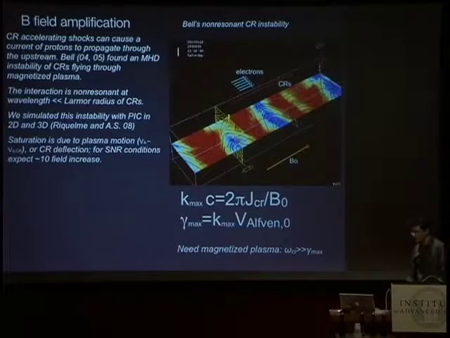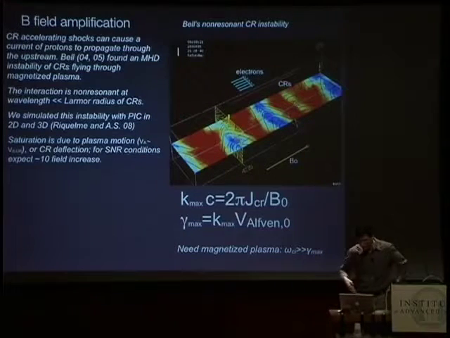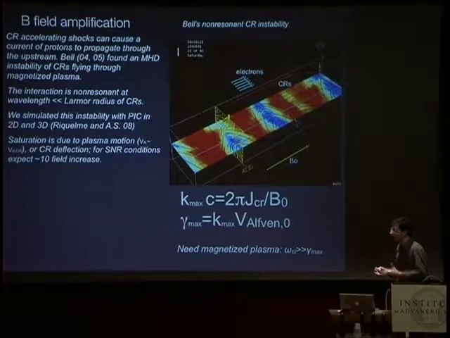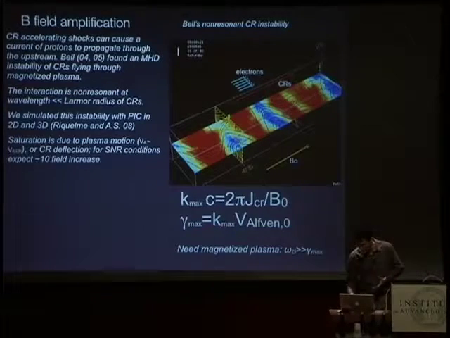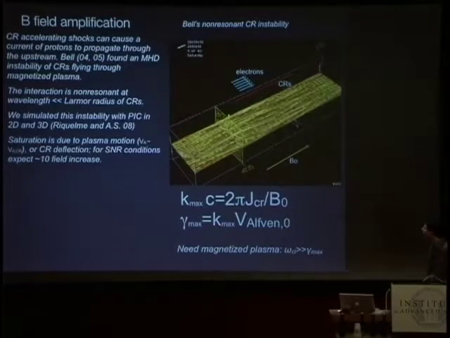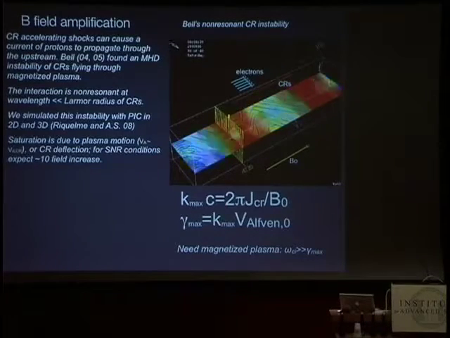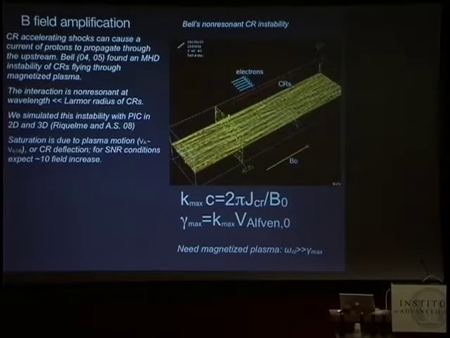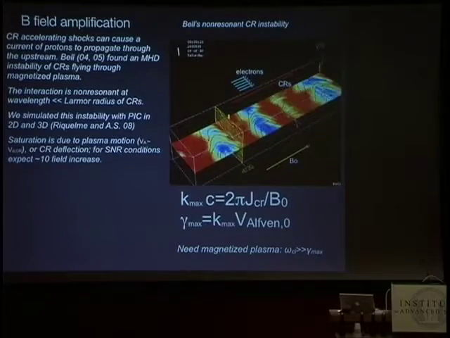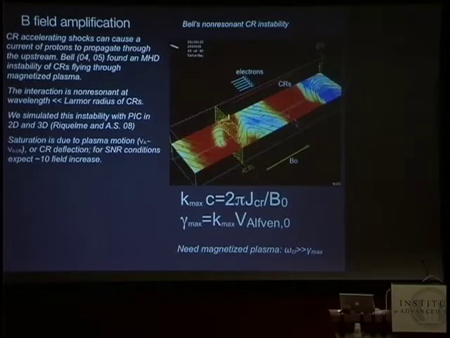What you find is, if you set up this initial configuration, again, there is a free energy here, you find that it's unstable. And this is what it looks like. The initial straight magnetic field gets a wave on it. This wave has a circular polarization.